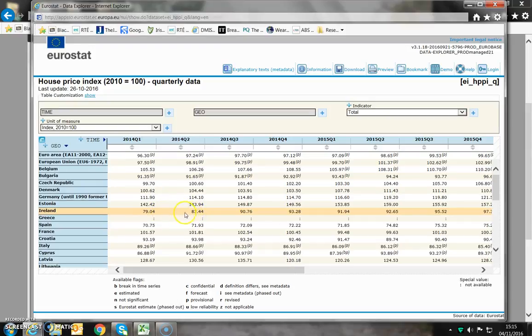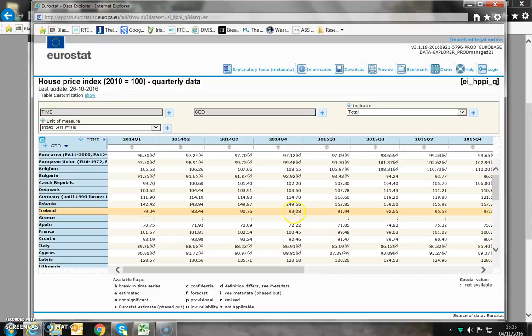Quarter 2. House prices are on the increase, so compared to 2010, albeit I don't know what quarter, you can see that house prices have increased a little bit from 2014 quarter 1. So in quarter 2, they're still down on 2010 to the tune of about 16.5%, about 9% less than they were in 2010 in 2014 quarter 3.